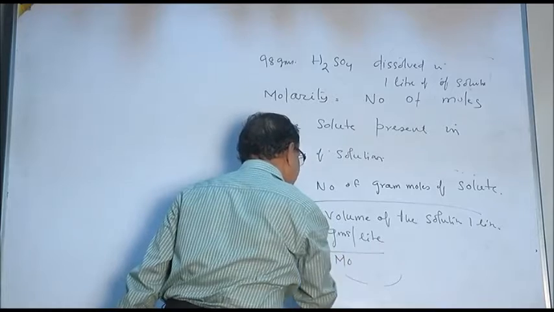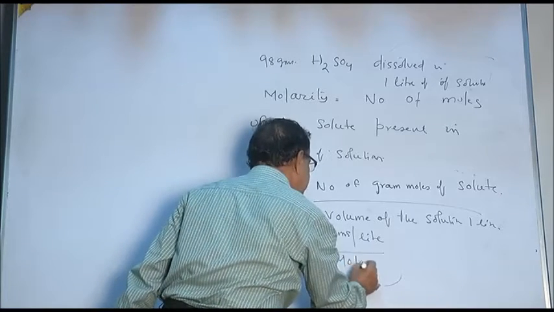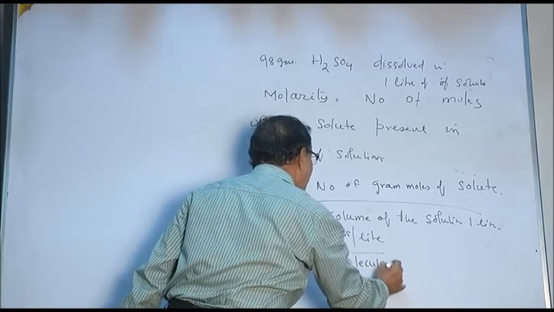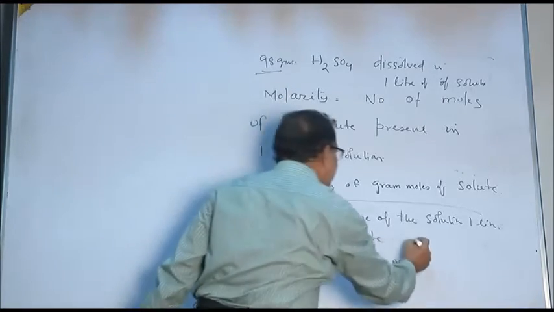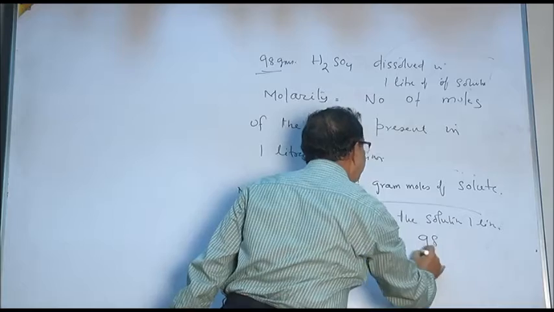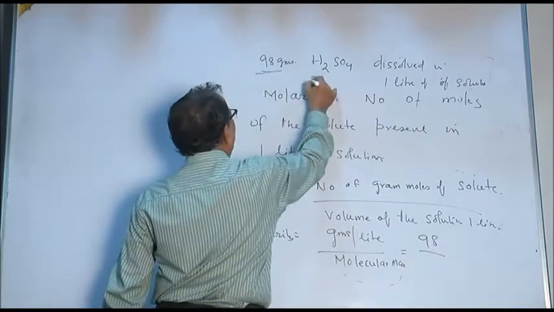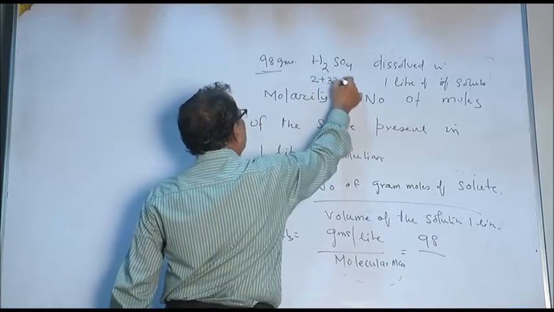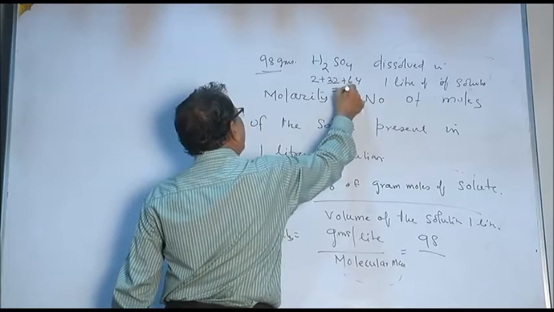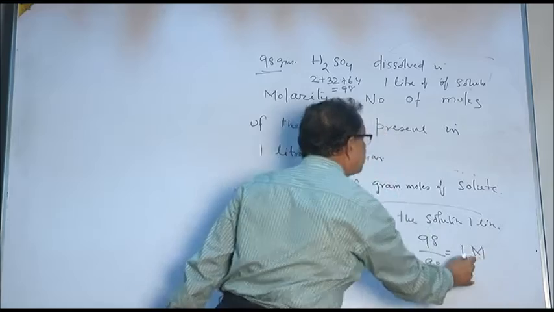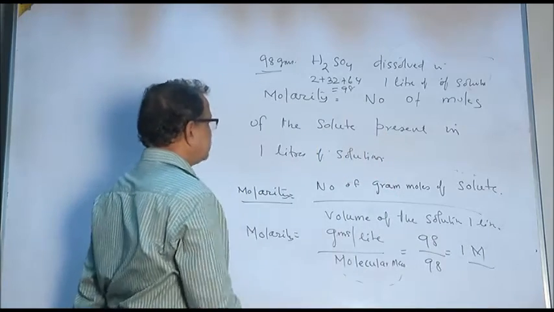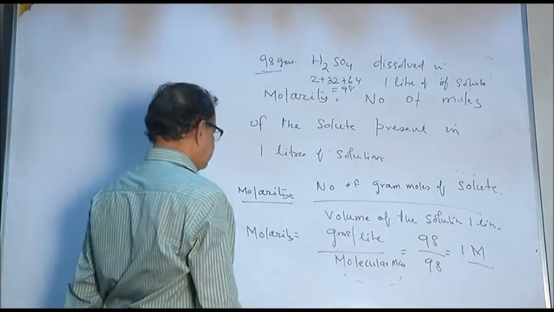Here it is molecular mass. Grams per liter: 98, divided by the molecular mass of sulfuric acid, 2 plus 32 plus 64, that is 98. So 98 by 98 is equal to 1 M. So this is called molarity. One is normality, one is molarity.